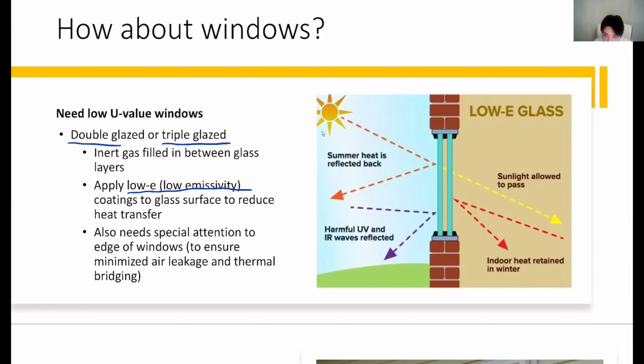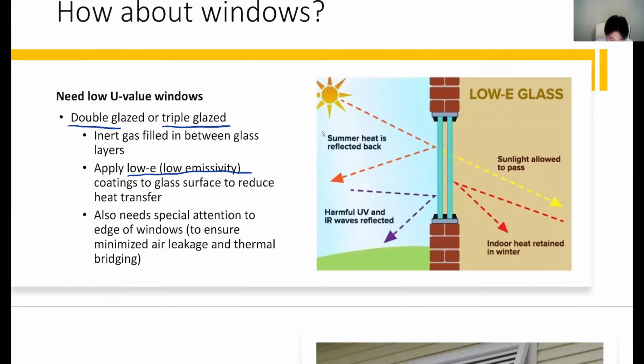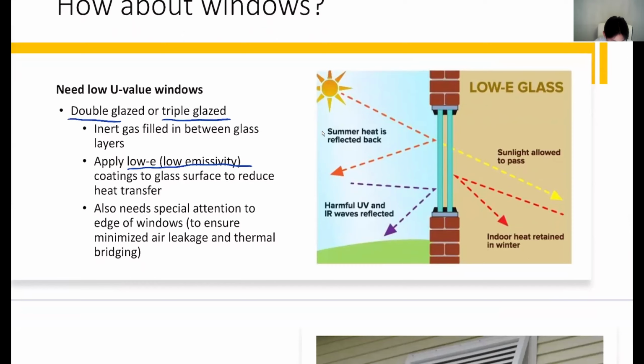And during the winter, our indoor space is also going to emit long wave radiation to the outdoor environment. We don't want that, because we want to retain the heat within our indoor environment. By having this low E coating, our indoor heat is also retained or reflected backwards in the winter. So that's the idea of low E coating.